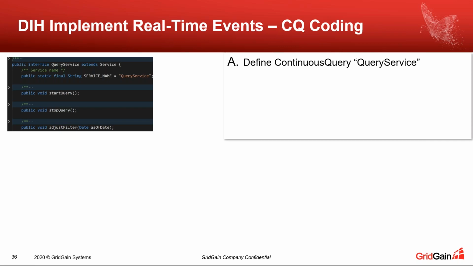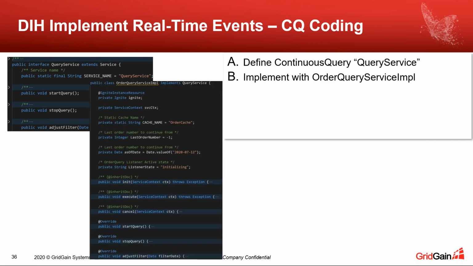I have chosen, in this particular case, to use an Ignite service. Services can be deployed to multiple nodes. So I'm going to define a continuous query service, and it's going to have the interface to start, stop, and adjust the filter on this service.